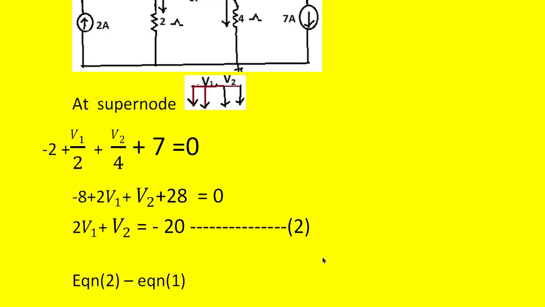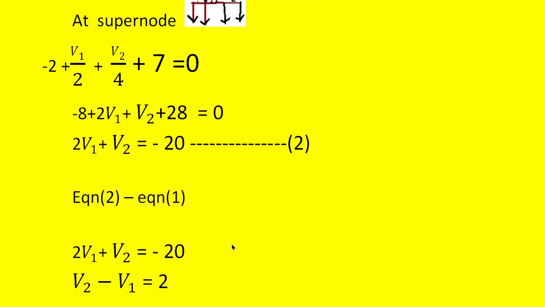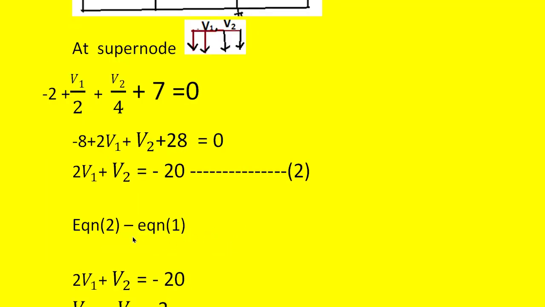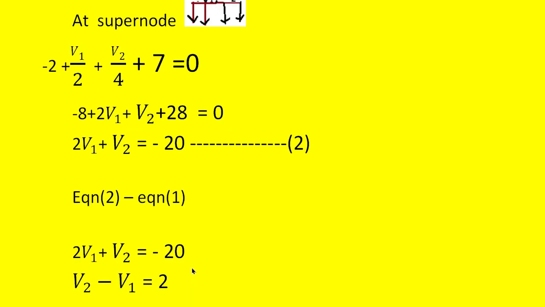So subtract equation 1 from equation 2. So look at this. When you subtract this, first write equation 2, that is 2v1 plus v2 is equal to minus 20. And equation 1 is given as v2 minus v1 is equal to 2.